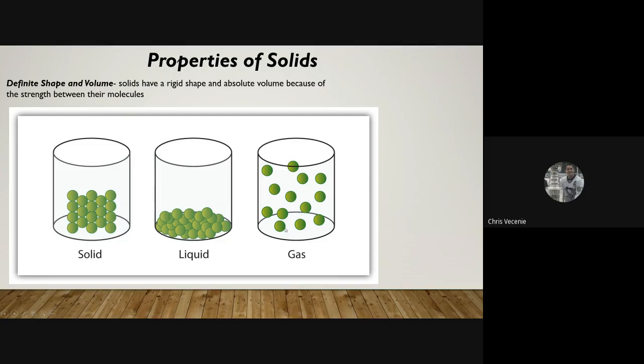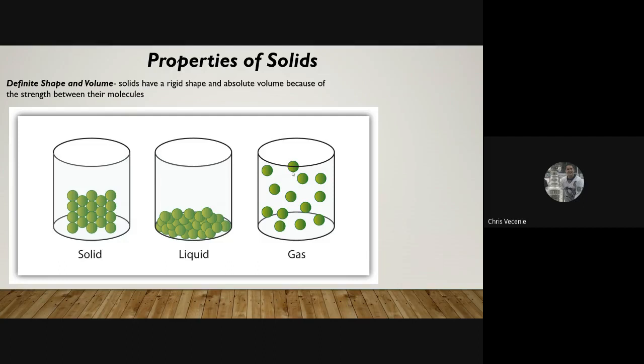The reason is gases expand to fill their container. If I get a bigger container, its volume is bigger. If I get a smaller container, its volume is smaller. So the volume is not a set thing. The gas in a 2-liter bottle is 2 liters. The gas in a 5-liter bottle is 5 liters.